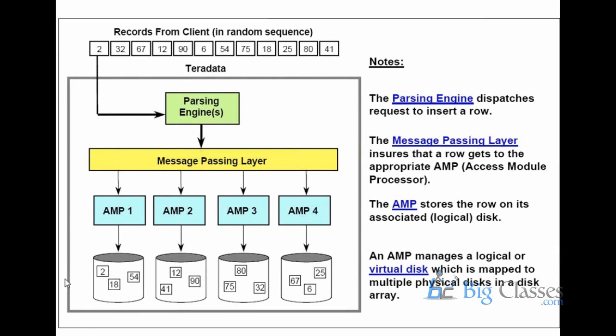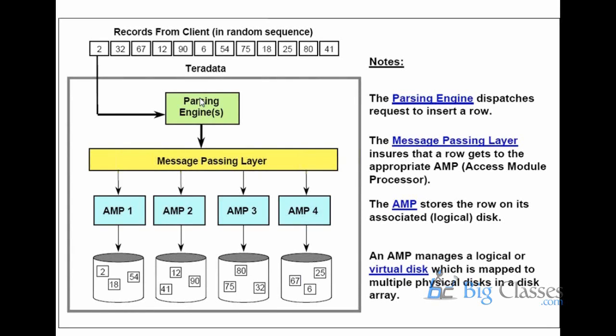Okay. Now in this case, the distribution has happened. Right now, if you run any request on top of this table, assume select star from table T1, this is the table T1, then what happens is the parsing engine will take that request. Then the message passing layer is a communication layer, a communication protocol, which communicates between the parsing engine and AMPs.